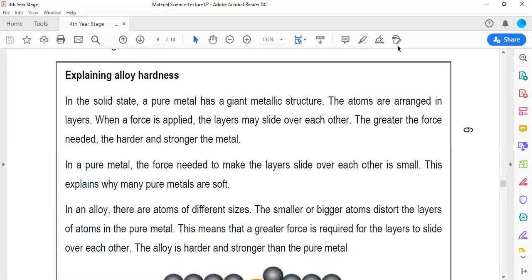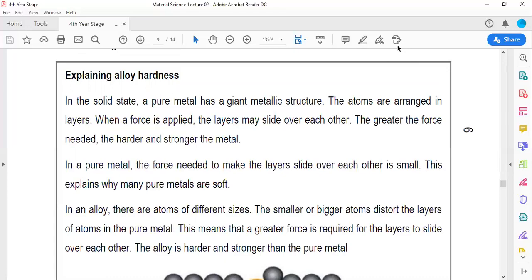And don't confuse metallic bond with other types of bonding, such as covalent bond and ionic bond. This type of bond is different. It's not covalent, and it is not ionic. And I think we did this metallic bond before.